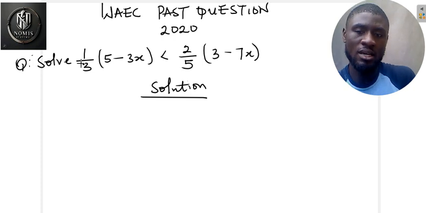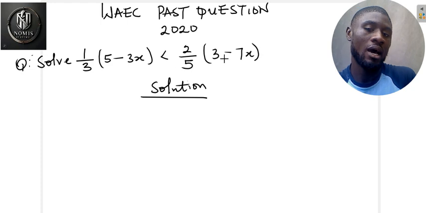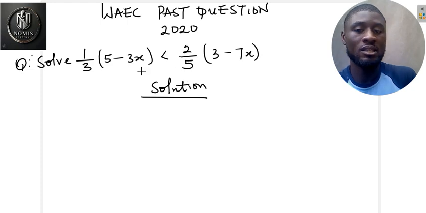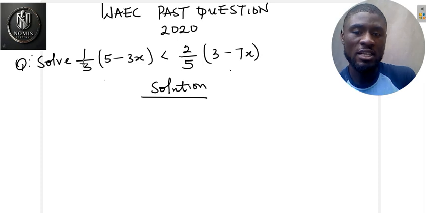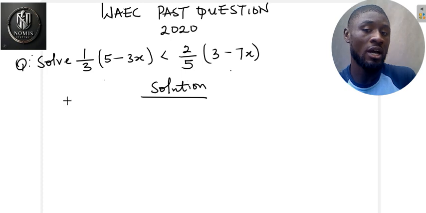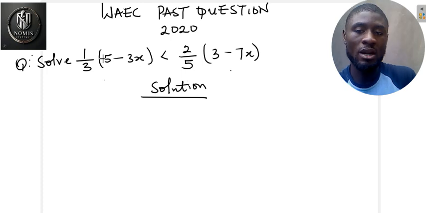So the first thing is that we have a fraction multiplying what we have in a bracket. So at both ends, the left hand side and the right hand side, let's get the fraction to multiply each of the variables that we have in the bracket. In this case, 1 multiplies everything at the top. Remember that this 1 over 3 can be written as 1 over 3 multiplied by (5 minus 3x) over 1.